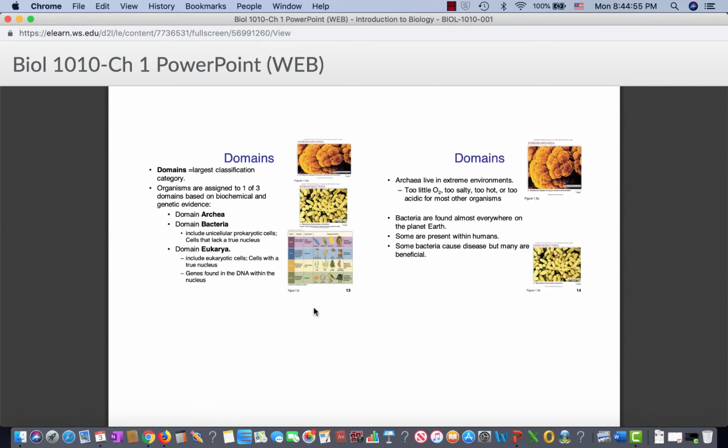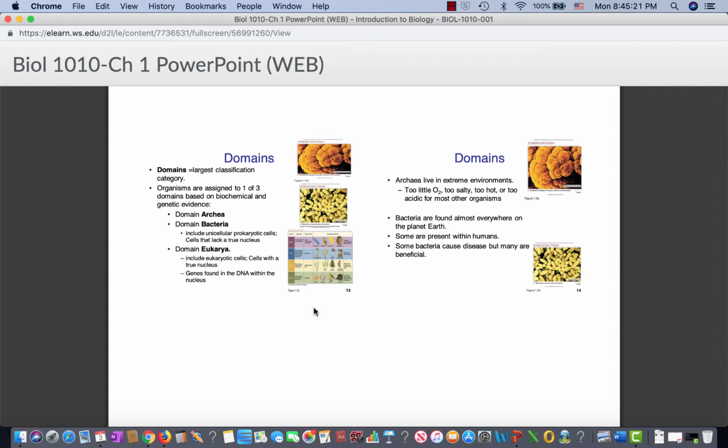Domain is the largest classification category, and organisms are assigned to 1 of 3 groups based on biochemical and genetic evidence. So archaea and bacteria include unicellular prokaryotic cells that lack a true nucleus, and then the domain eukarya is eukaryotic cells that include a true nucleus and have genes found in the DNA within the nucleus.